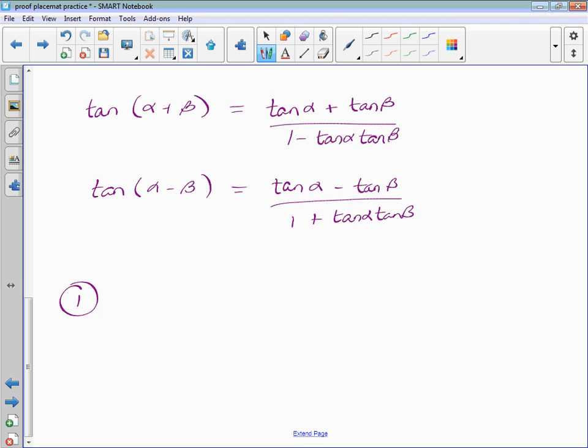All right, guys, so let's do our first example here. I want you to find for me the cosine of 15 degrees.